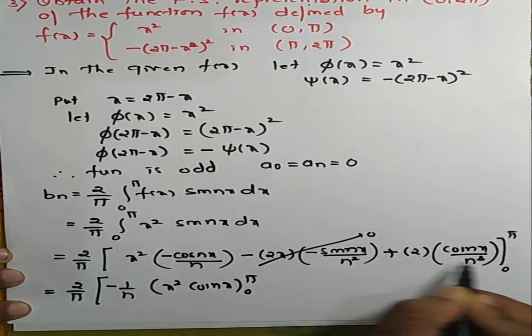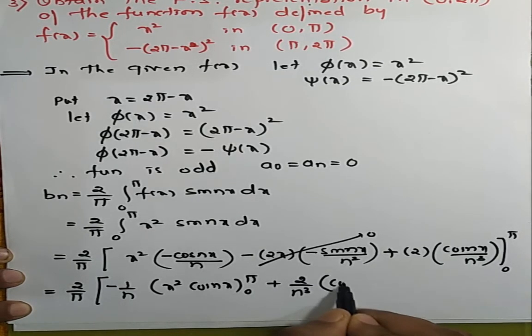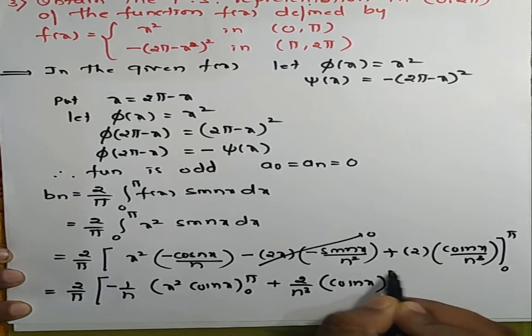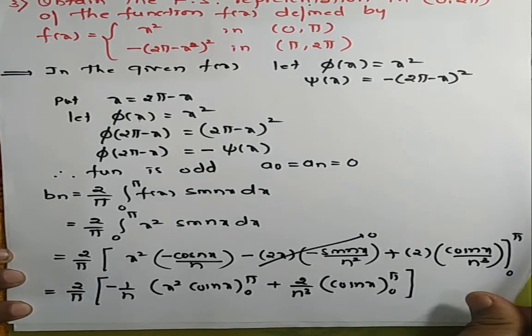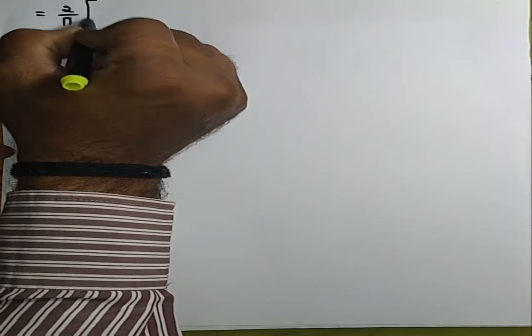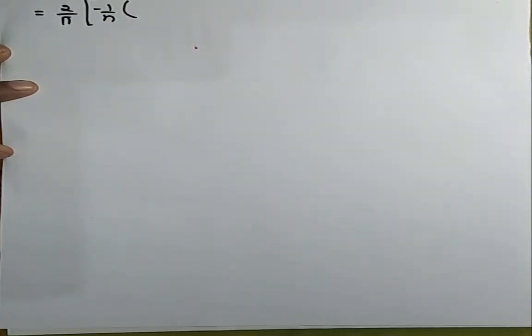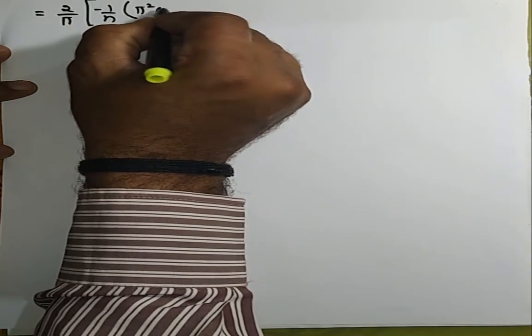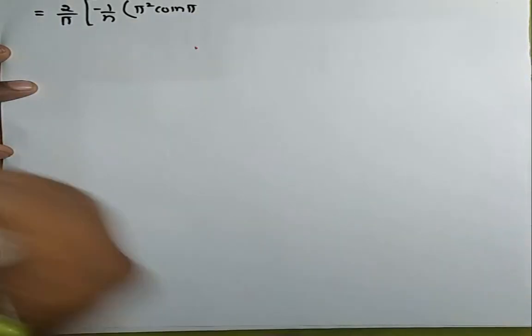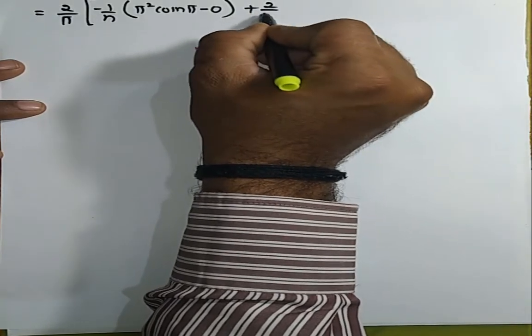Here it remains 2 divided by n cube, bracket, remaining is cos nx applying limit 0 to pi. Okay, now let us move further. That is 2 divided by pi as it is, bracket, minus 1 by n as it is. Now apply upper limit: pi square into cos n pi, and when you apply lower limit 0, the next term is plus 2 divided by n cube.